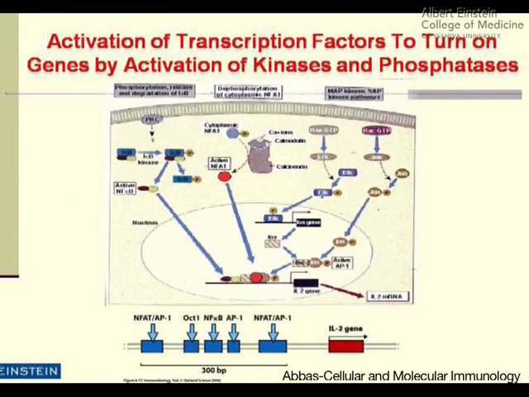Again, this is just showing the same thing in a little bit more detail. The thing I want to focus on in this slide is the transcription factors. What's very cool about it is that different techniques are used to sequester proteins in the cytoplasm, but then allow them to be released into the nucleus. In the case of NF-kappa B, it's physically bound to a repressor protein.